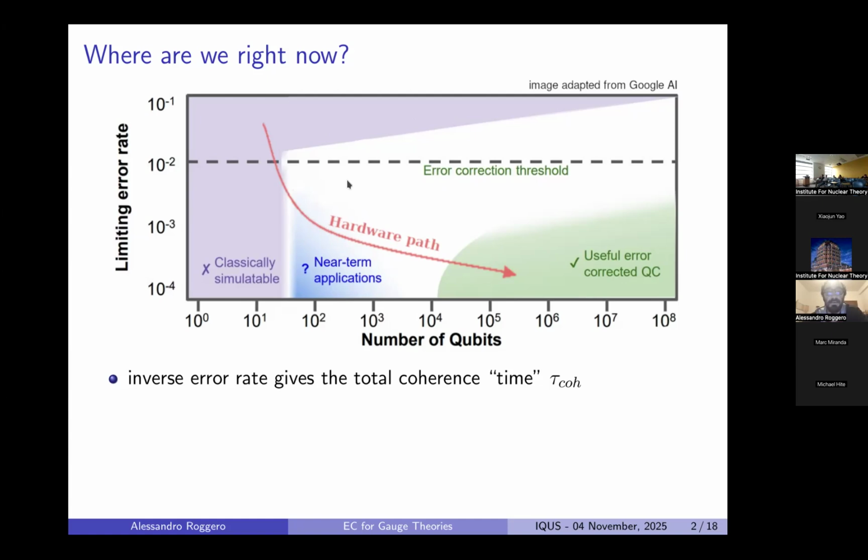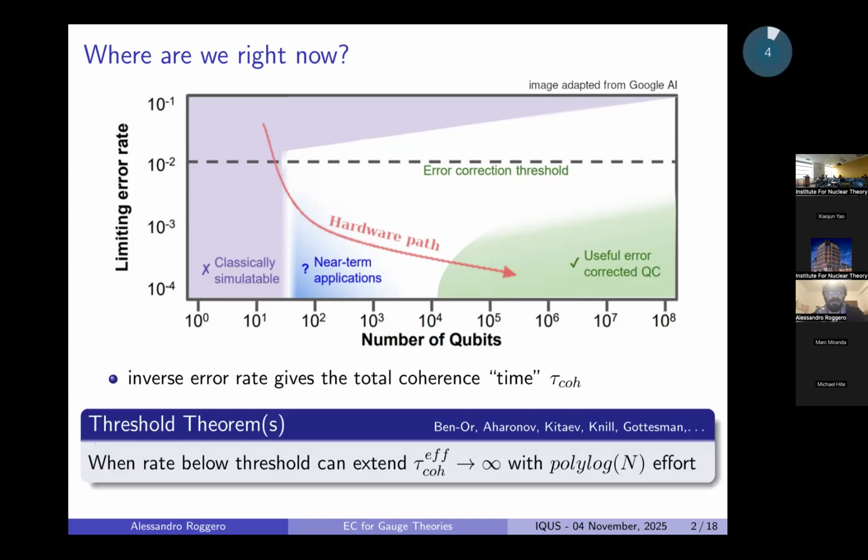In order to get there, one of the important things is that it's complicated for hardware manufacturers to keep reducing the error rate. You see a horizontal line over here. This is the error correction threshold.